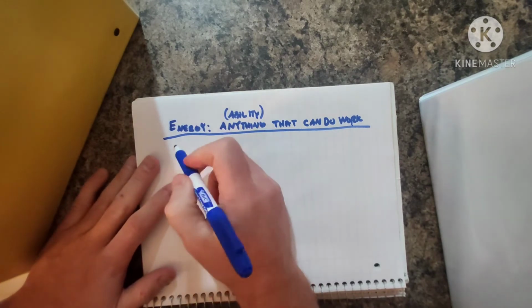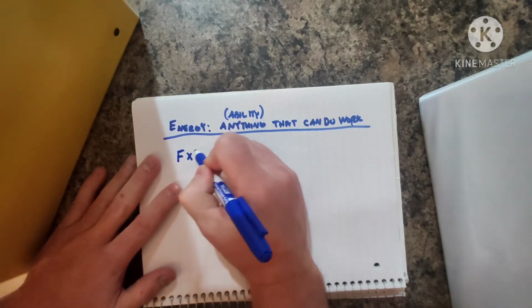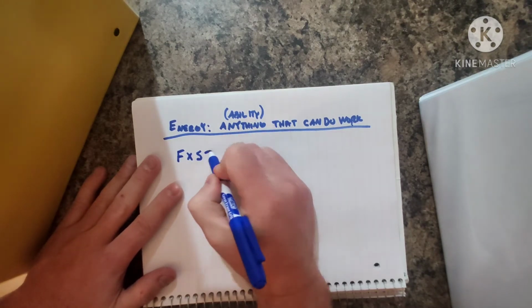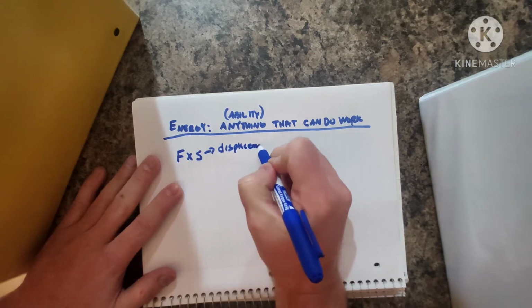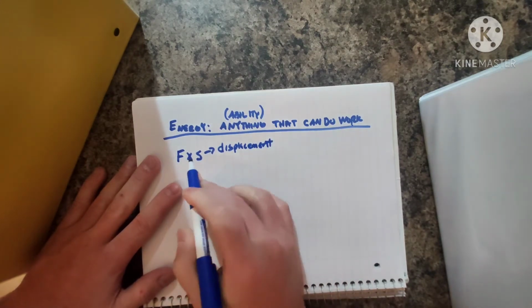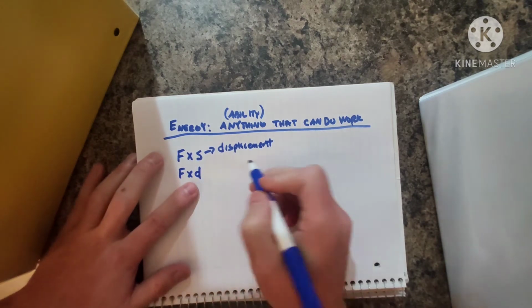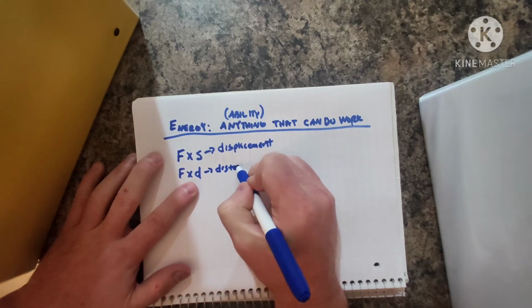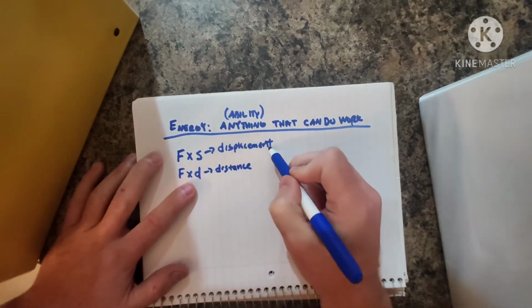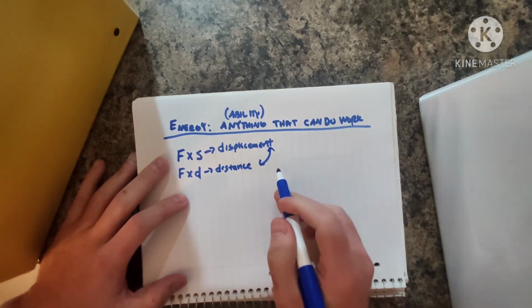So in physics, we define work as a force multiplied by a displacement. So this S just means displacement. Now, sometimes you'll see it written as force multiplied by d for distance. But you have to note that distance and displacement are related, but they're not the same.